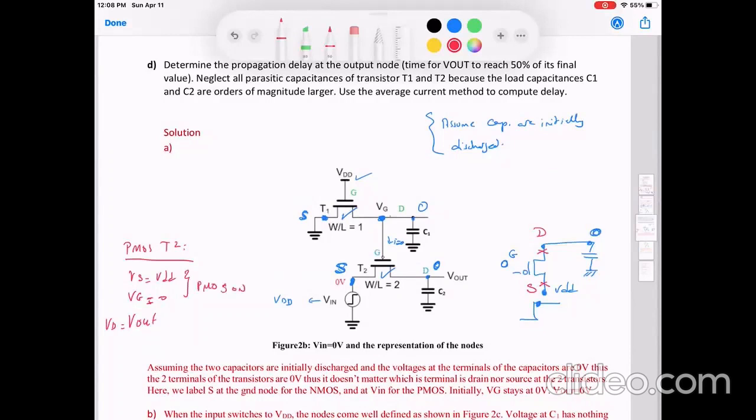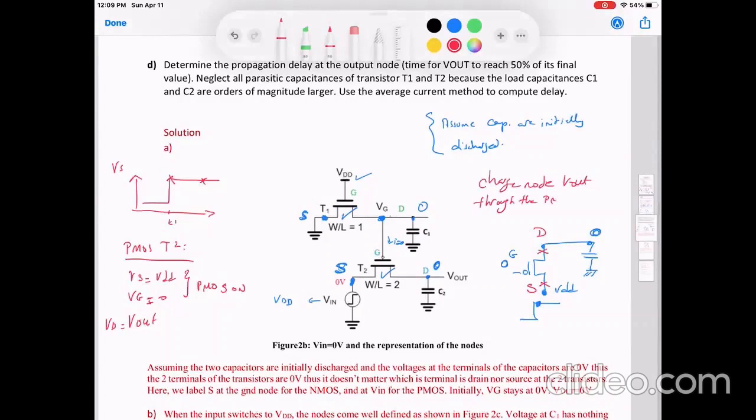The PMOS is on, and what happens is that at time T1, Vs for the PMOS moved from 0 to VDD. And what is going to happen to the output? This is exactly equivalent to the problem where I'm trying to charge the output. So it is going to try to charge node Vout through the PMOS.